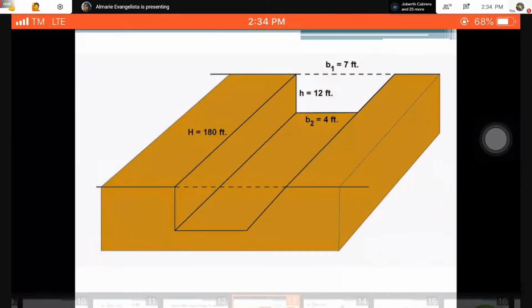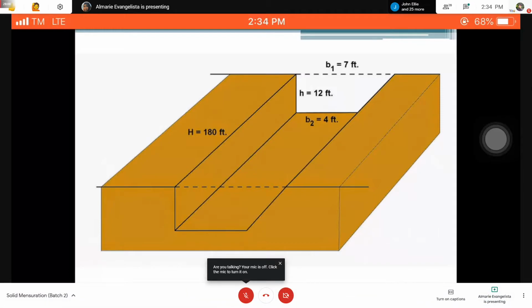So, kaya nyo bang sagutan, guys? Kaya na? Gusto nyo i-try? Sige, bigyan ko kayo ng 2 to 3 minutes para i-try.